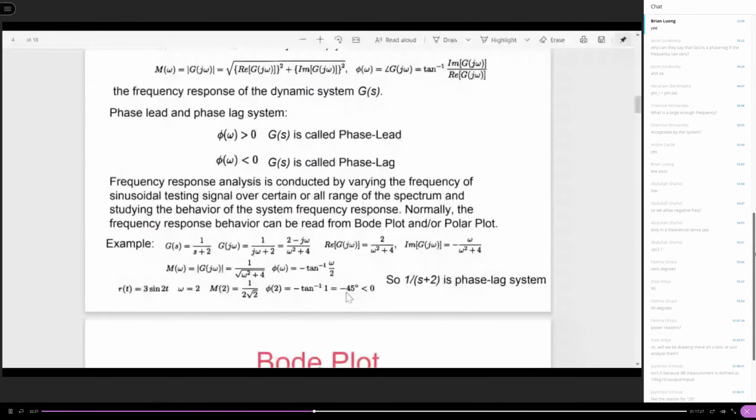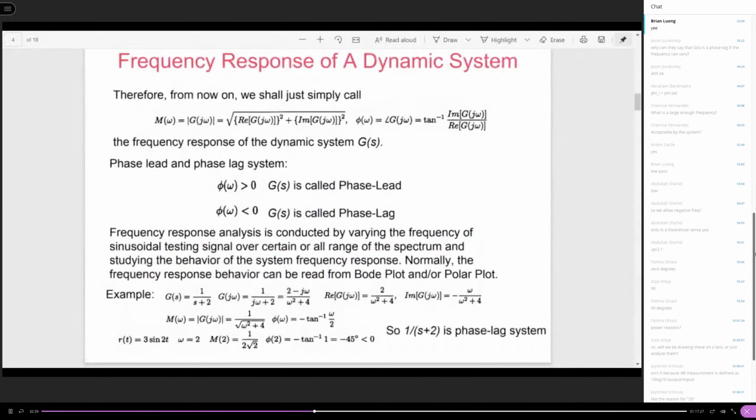In terms of the magnitude, you might not be able to see the difference, because it's all positive, but the phase is different.